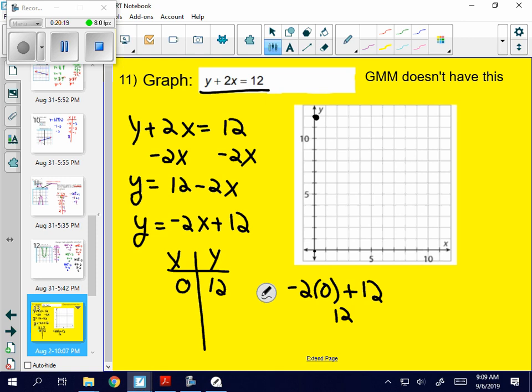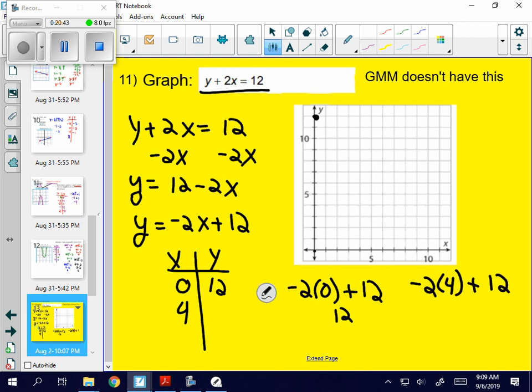And honestly, one other point would make our line. I don't dare plug in something that will get me off the graph. I don't want a 14. So let's choose carefully what will get us onto our graph. We could just try 1. I'd like to go further out. What if we try 4? So negative 2 times 4 plus 12.